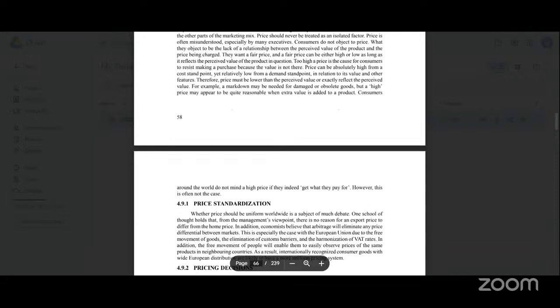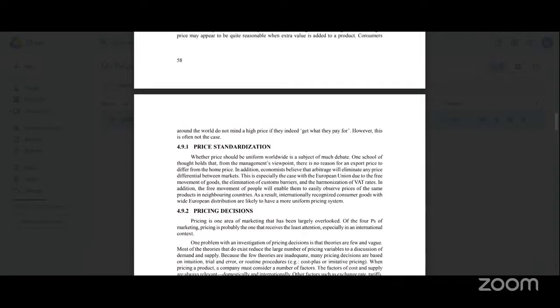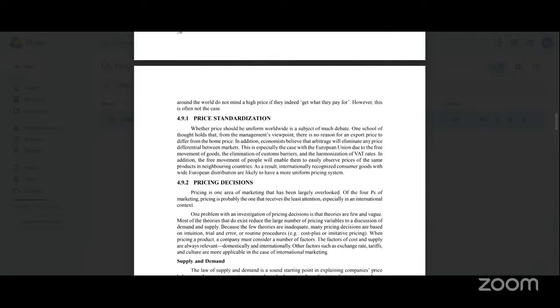Whereas in certain countries, the same product may have to be lowered, maybe with some product variations, so that it is more affordable for the local market. Ultimately, a price has to be indicative of what the customer is paying for.